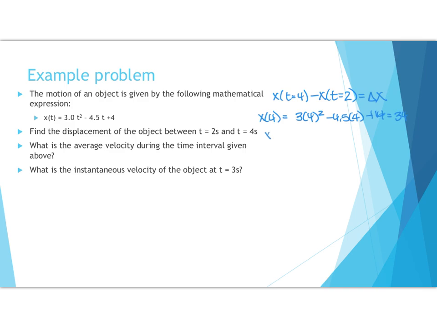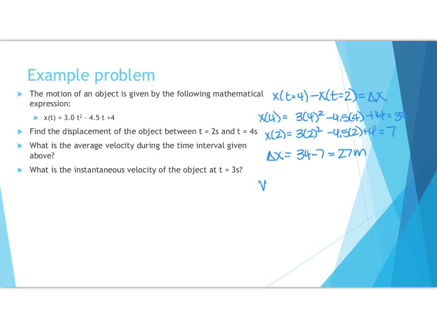At 2 seconds, we would get 3 times 2 squared minus 4.5 times 2 plus 4. We're just plugging in t equals 2 for the time, and we get a value of 7. So the displacement is going to be 34 minus 7, which is 27 meters.